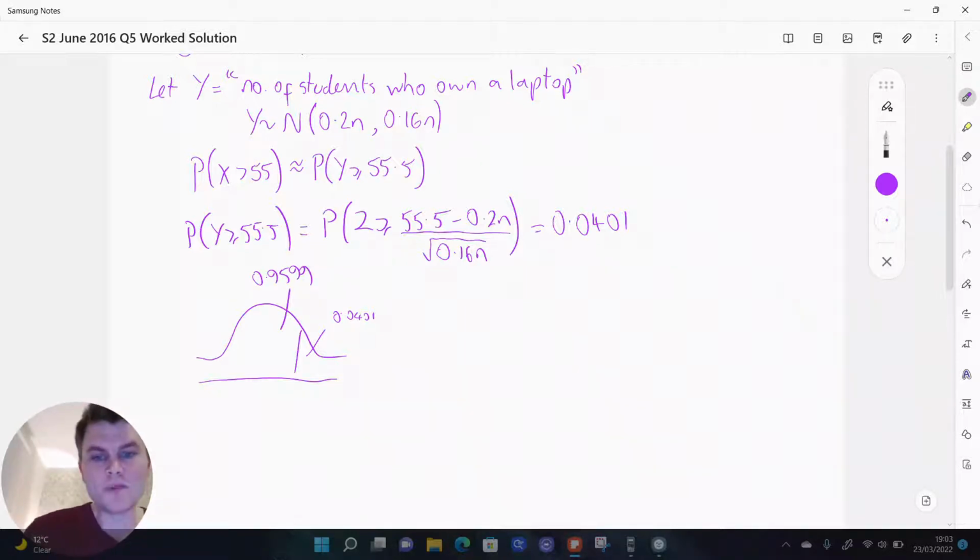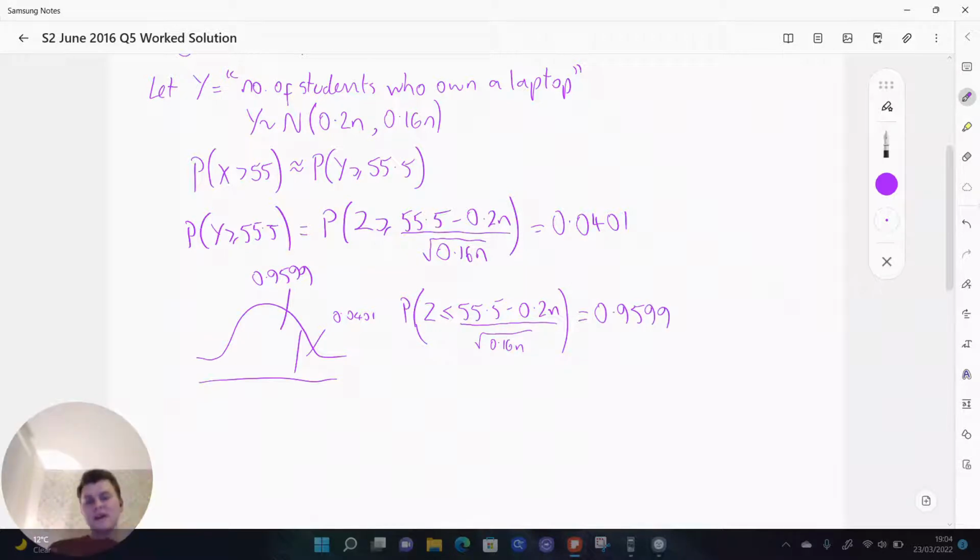Okay, so I'm going to rewrite that now because this will allow us to look it up on the calculator as Z being less than or equal to 55.5 minus 0.2n all over root 0.16n. And that, of course, is now equal to 0.9599.